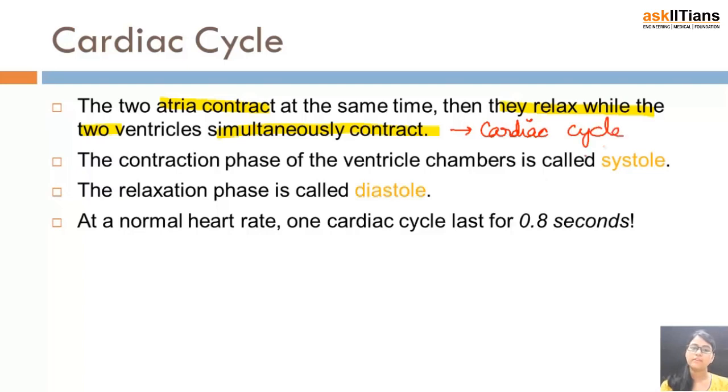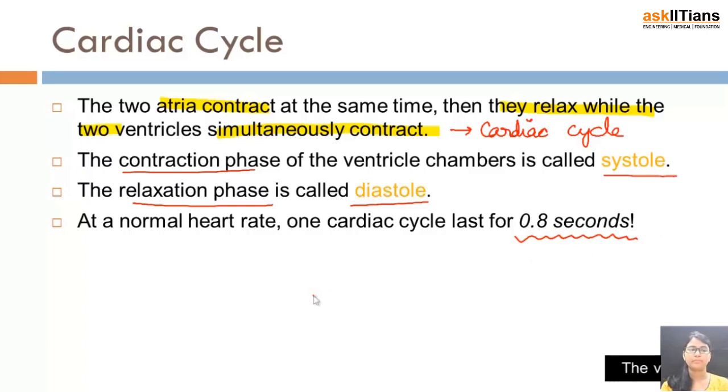The contraction phase of the ventricle chambers is called systole. The relaxation phase is called diastole. So the phase of contraction is systole and the phase of relaxation is diastole. At a normal heart rate, the cardiac cycle lasts for 0.8 seconds.